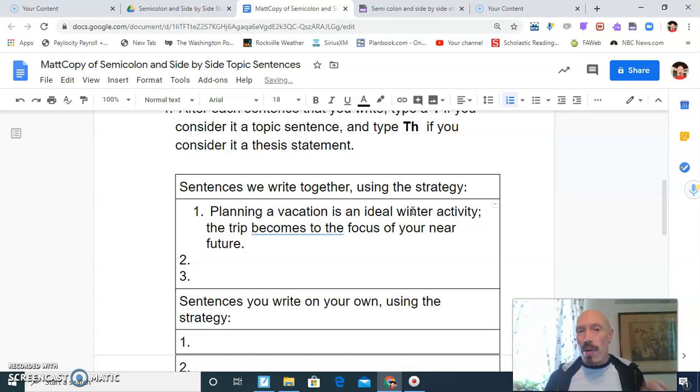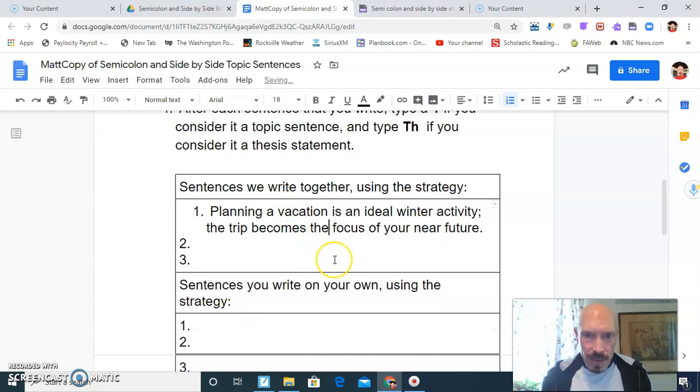Okay, so I want to write about how you focus your attention on your vacation. Okay, that becomes the focus of your near future. Okay, it gives you something to look forward to. All right, so that's one way.